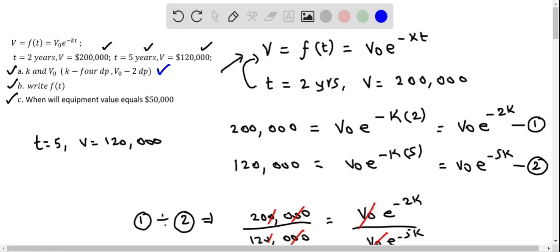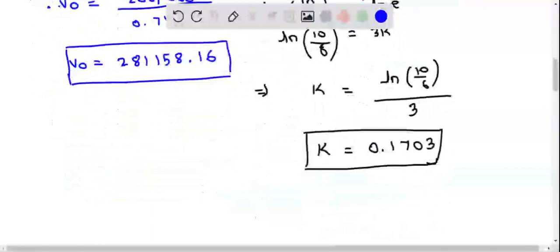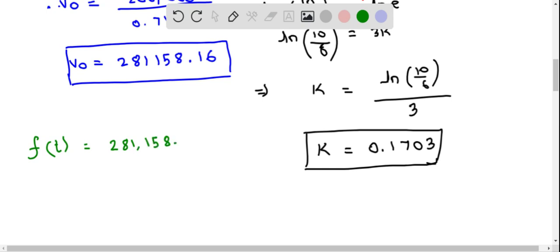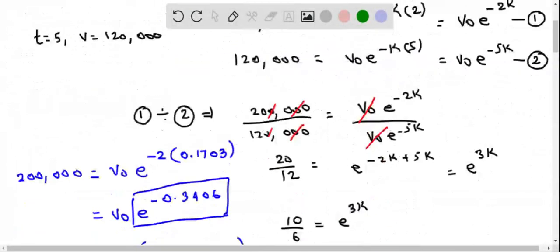It's very simple, we just have to substitute the values of k and V naught into the function f of t. So when we do that, the function f of t is equal to V naught, that is 281,158.16 e raised to the power of, we know that f of t is e raised to the power of minus kt.